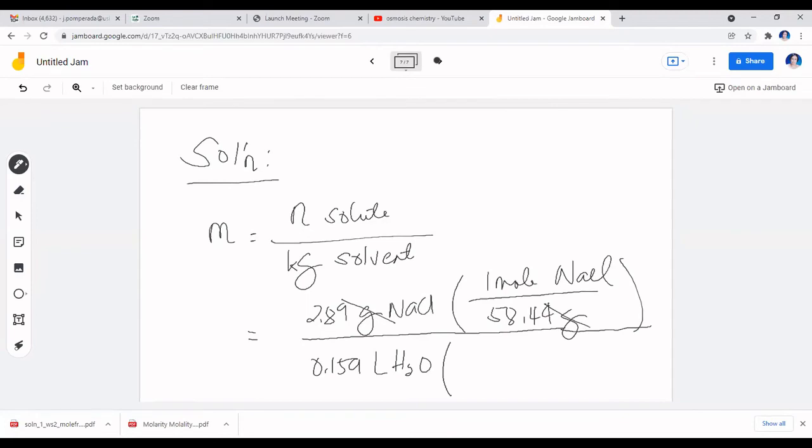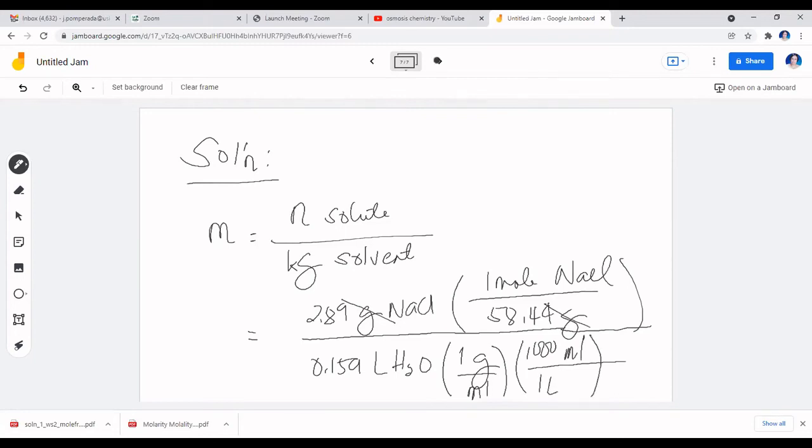That 1 gram per ml, class, could be converted to kilograms because we want kilograms, not grams. But before that, the liter here and the ml don't agree. So convert the ml to liter.